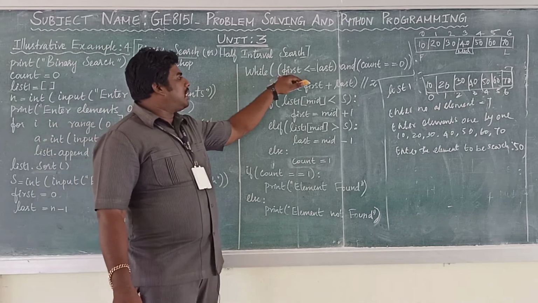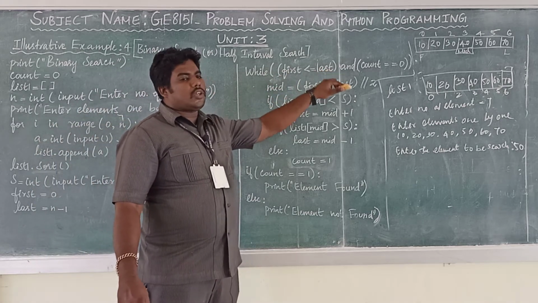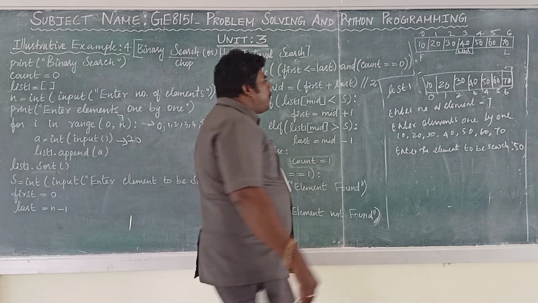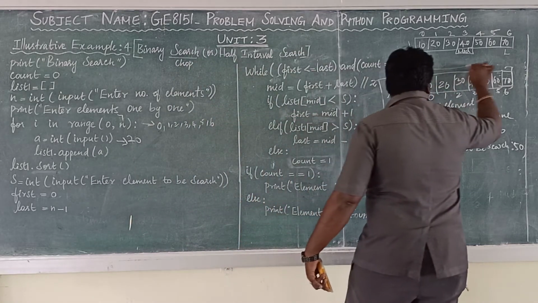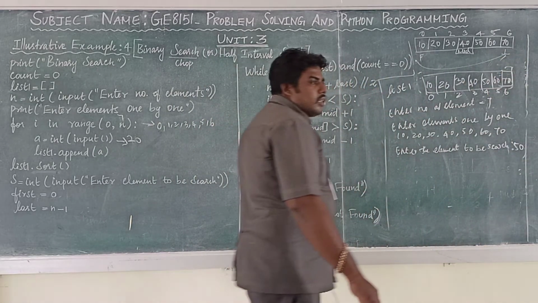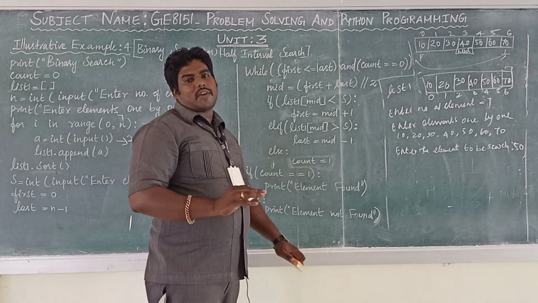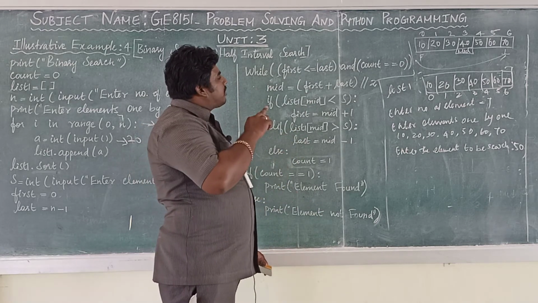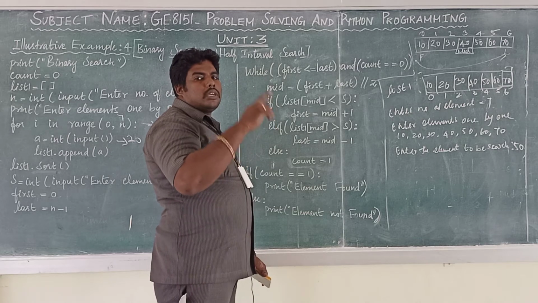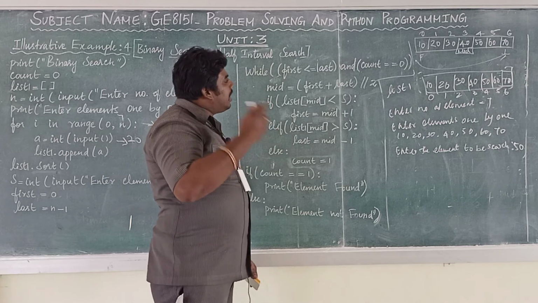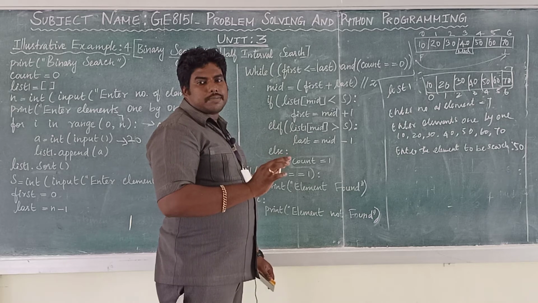So the while loop condition is first less than equal to last. The condition will be this: first can reach this last. If it is beyond the last, it will come out of the loop. What's the condition? The first element can go till the last. First less than equal to last.